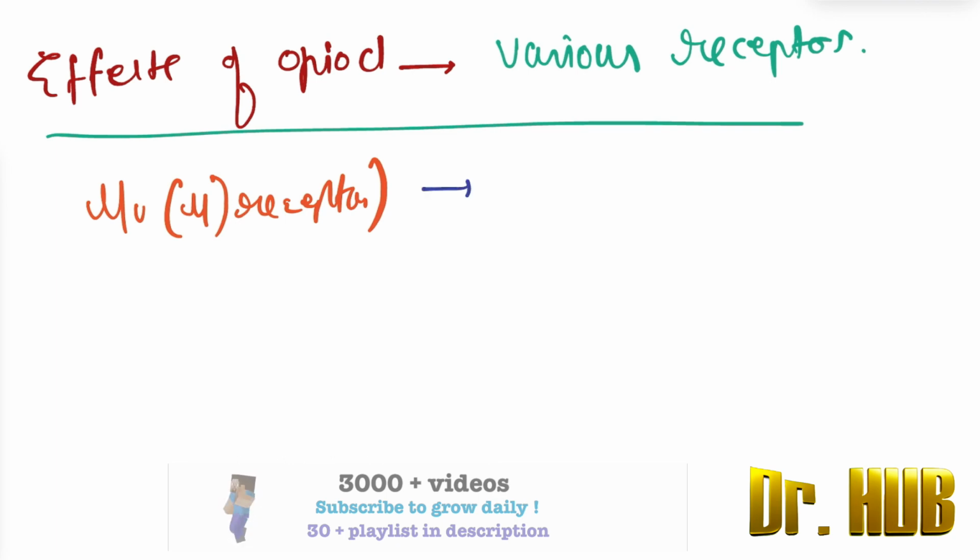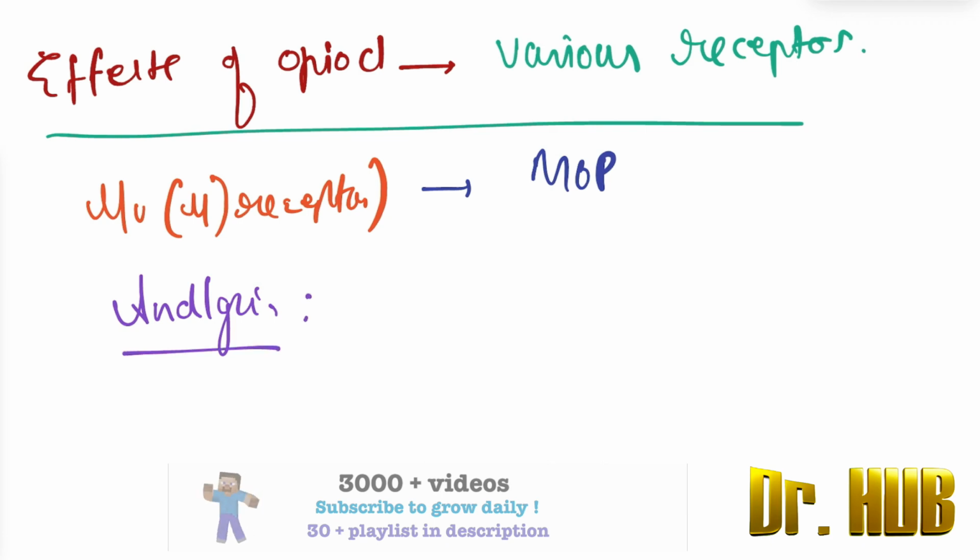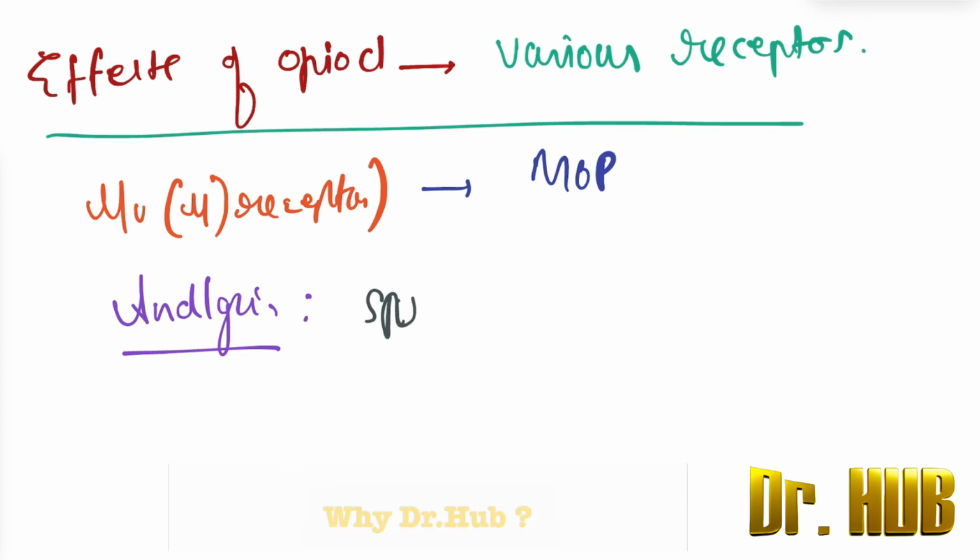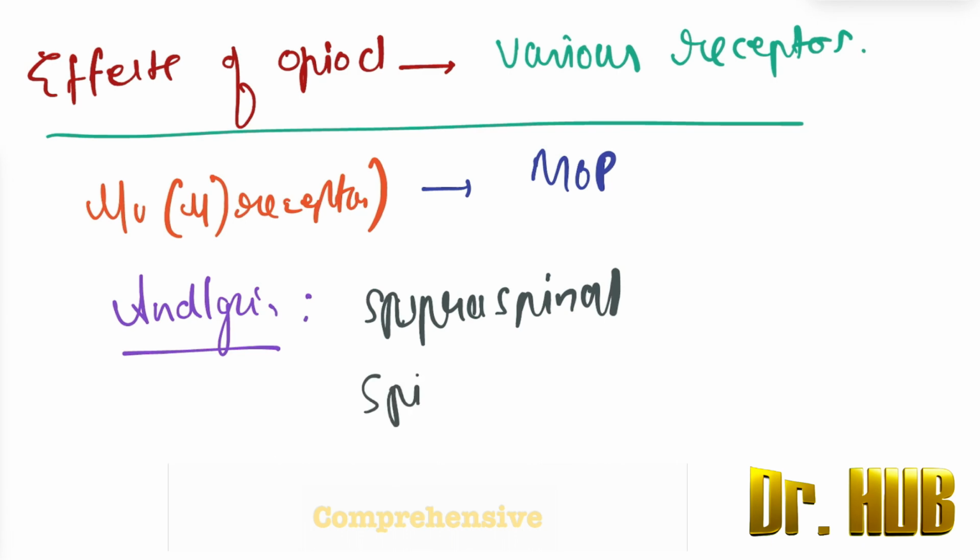The name will be MOP. What about analgesia? Analgesia includes the supraspinal as well as the spinal.